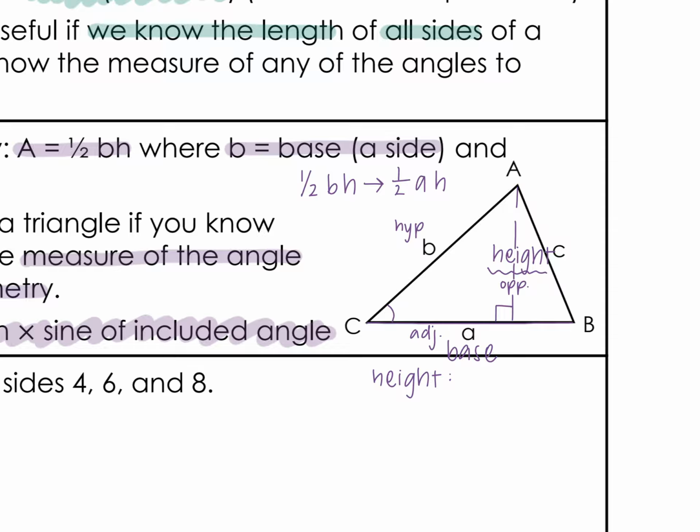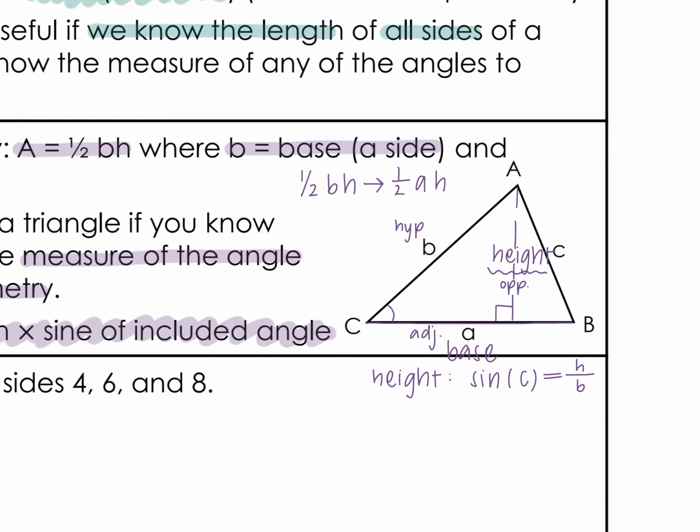And I can use the opposite. Obviously, I want to use opposite because I'm trying to find the height. So that's where we end up with sine of angle C equal to my opposite, that h, over my hypotenuse, which is that b.